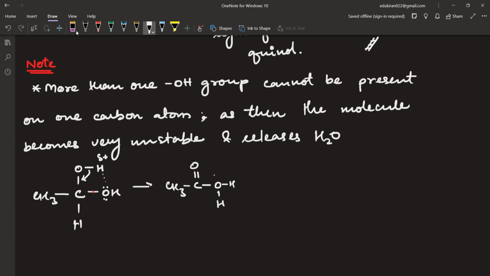There is a very slight possibility that this molecule can be formed, because oxygen has a lone pair of electrons and this hydrogen is delta positive, with electron deficiency. So the lone pair can interact with the hydrogen's delta positive charge and take it up. As soon as there is a positive charge on oxygen, it will automatically break off like this. So we directly write it like this.